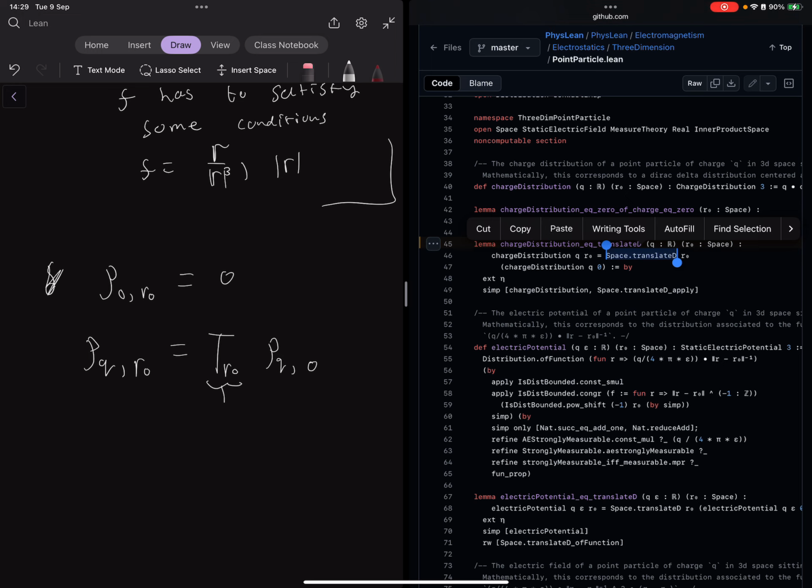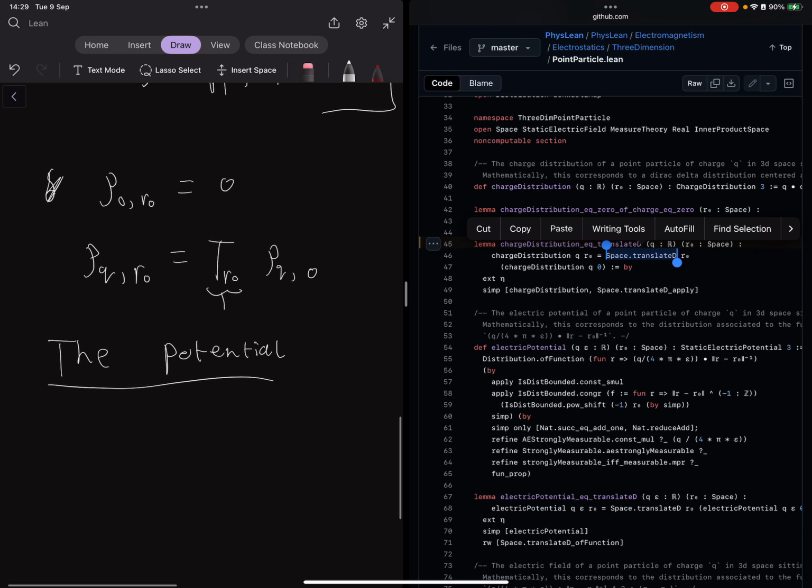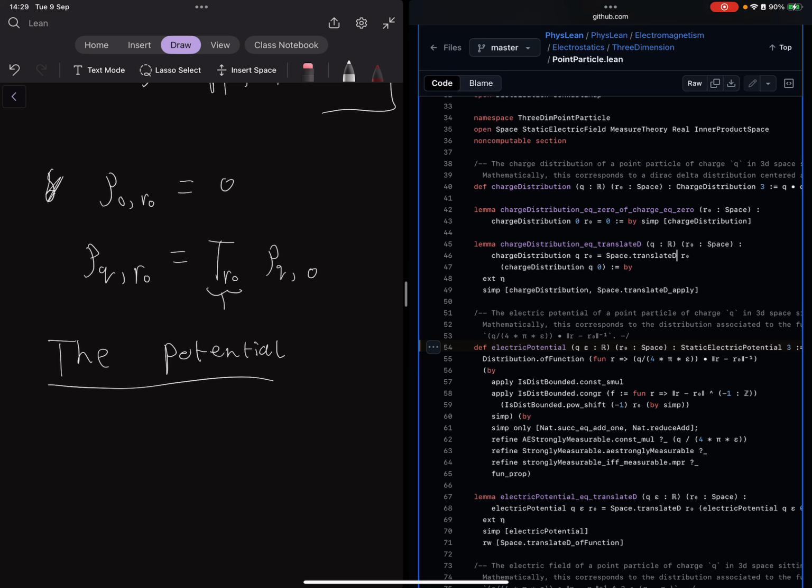So let's talk about the electrostatic potential. Now, I'm not going to derive any of these just yet. What I'm going to do is state the electrostatic potential, and I'm going to state the electric field of a point particle, and we will prove that they are correct in a second. So the electrostatic potential is the following within PhysLean. Let me write it down first.